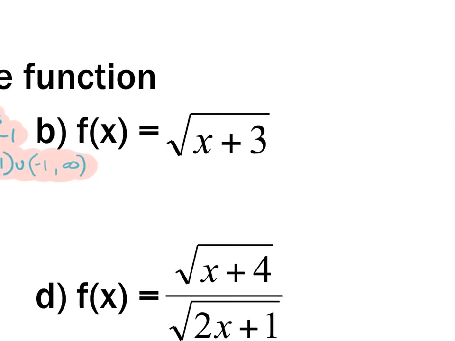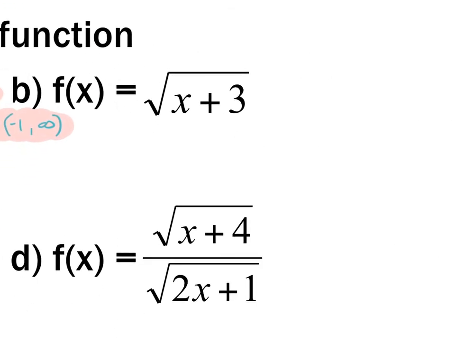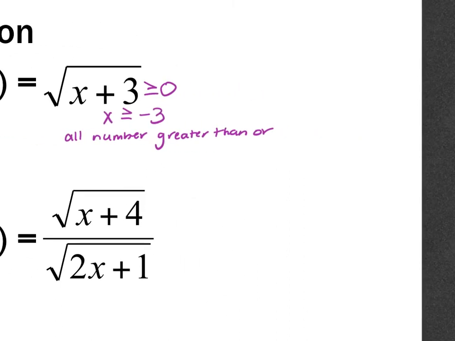Now go to B. Now I have the square root case, right? So the square root case says if it's in the root, whatever that is has to be greater than or equal to 0 because I can't square root a negative number. So I would get x is greater than or equal to -3. In words, all numbers greater than or equal to -3, because -3 is part of it.